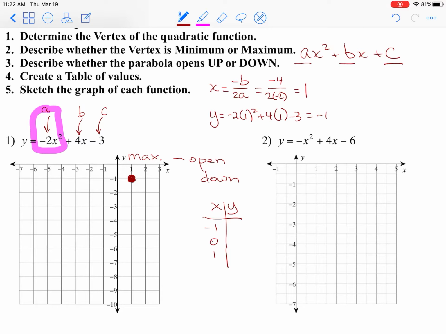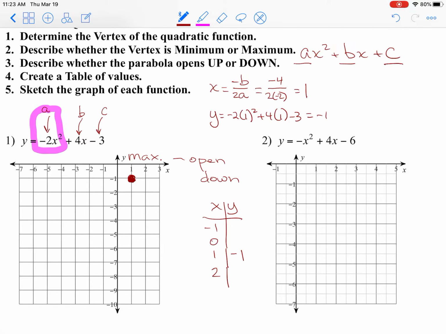So we're going to substitute back in just like we did a minute ago with our +1, which we already know got us a -1, so we can fill that in. And in this case, because all my numbers are to the left of my vertex, I probably ought to choose 2 and see what happens at +2 also.